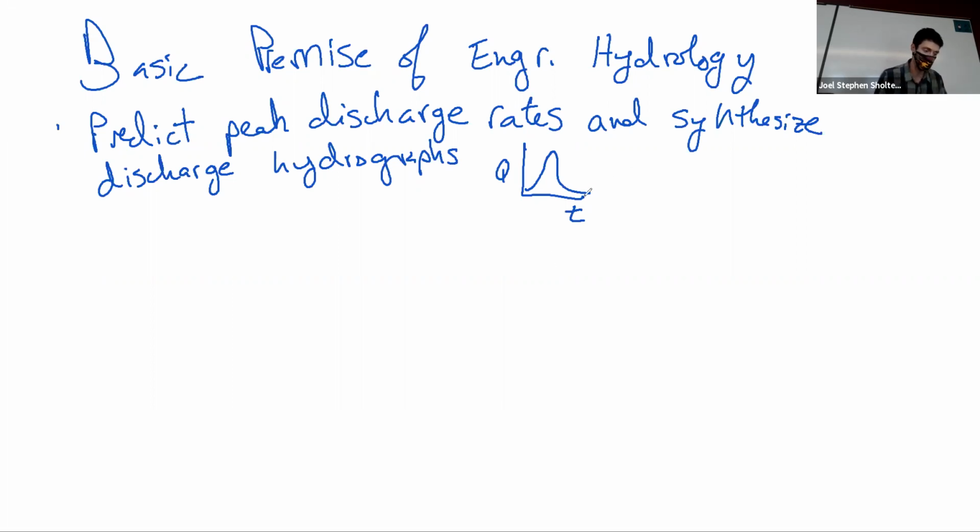So we have to come up with a way to make these up so that we can understand how much flow we'll have over time, how much volume. If you integrate under this curve, you get volume. And that can help us with sizing something like a pond, a reservoir, stormwater detention structure, something like that.